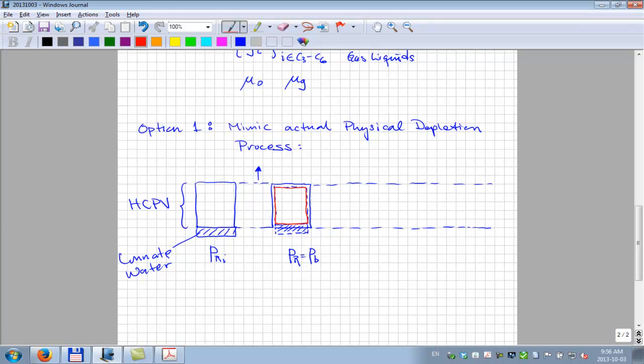But 1 to 5% could mean a lot in other situations. Okay?